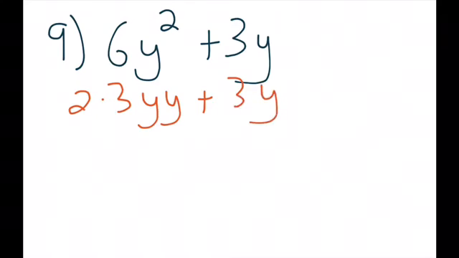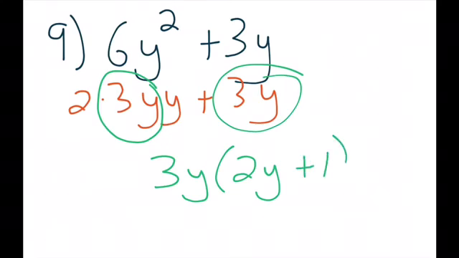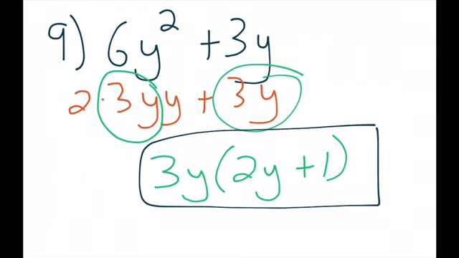Well, I can see that each term has a 3y, so yes, there's a GCF. If the answer is yes, then you take it out. So it's 3y times, what's left inside? A 2y and a plus 1. There's my answer. So number 9 was just like what we did on homework 11-4 and on the warm-up today.